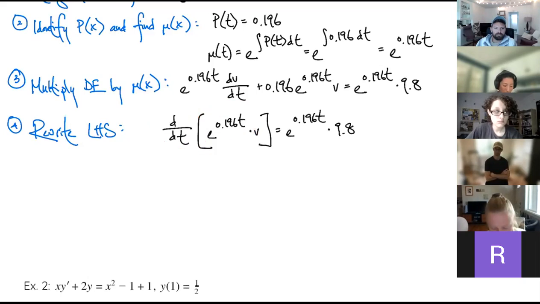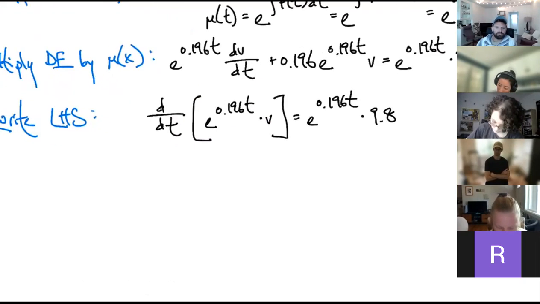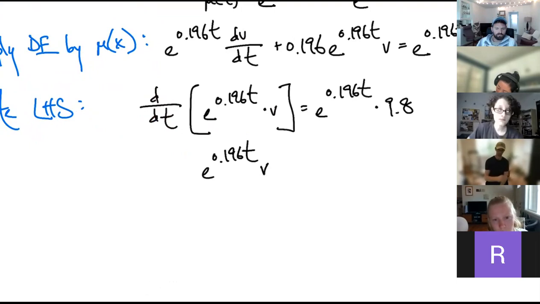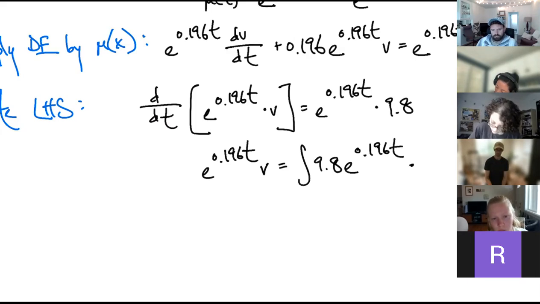And so what we're going to do is integrate both sides. A lot of times I won't write this. I will just show that we've got our mu times v equals, and I'll write the integral on the other side. So the integral of 9.8 e to the 0.196t dt.